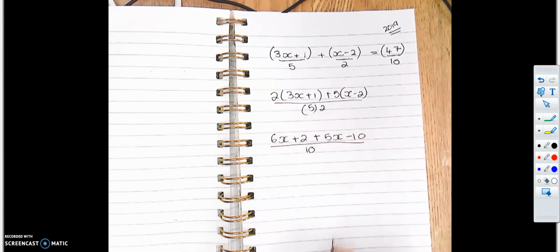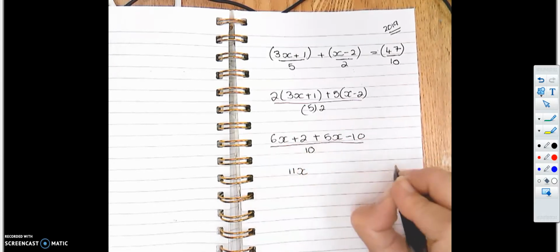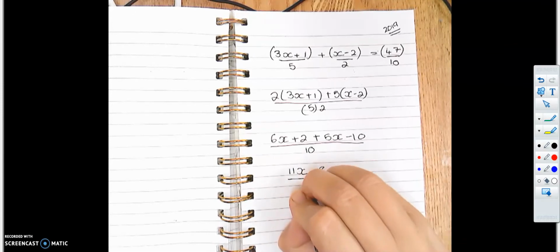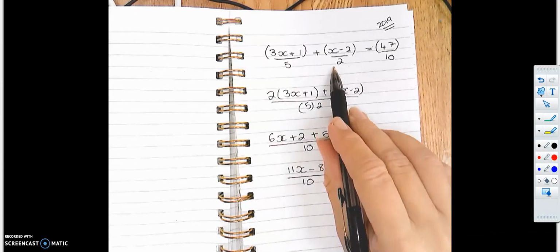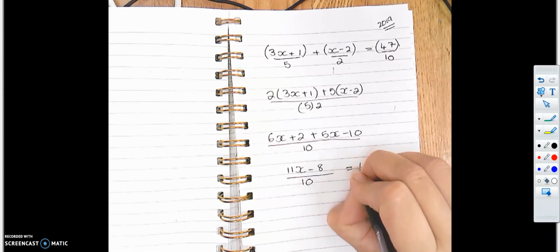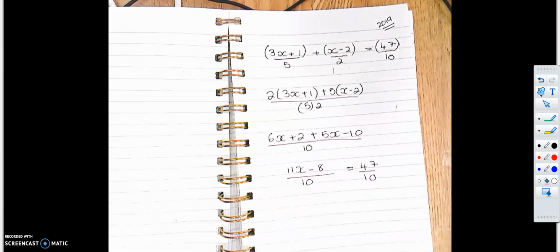Tidy it up, 5 and 6 gives you 11x. 2 take away 10 gives you minus 8 over 10. So now I have my single fraction for this side. Bring down this one. I get 47 over 10. Right? In this case, what you cop is they are both over 10, so the examiners were nice to you for once. So when the bases are the same, you can just pretend they don't exist.